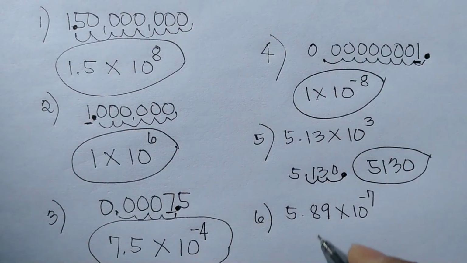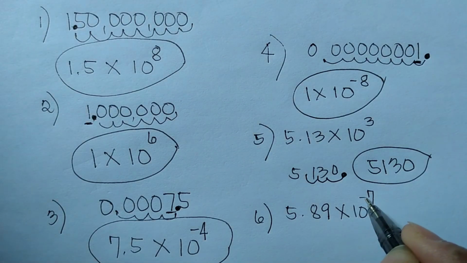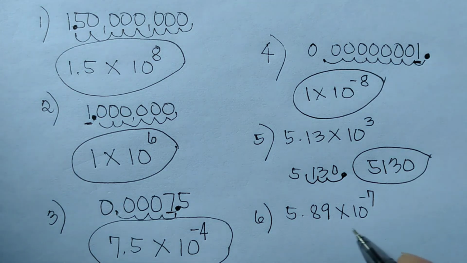So let's change this into standard form or decimal form. Since that is a negative exponent, that is negative 7, that means our number is in decimal form.